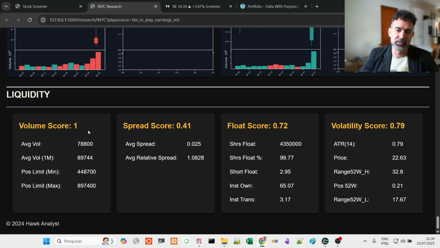So I have a way to quantify these liquidity scores, and it helps me choose which ones from my watch list I should be focusing on. Trying to actually narrow down to between 3 and 5 stocks to actually be watching during the day. So this is the final step in my process.